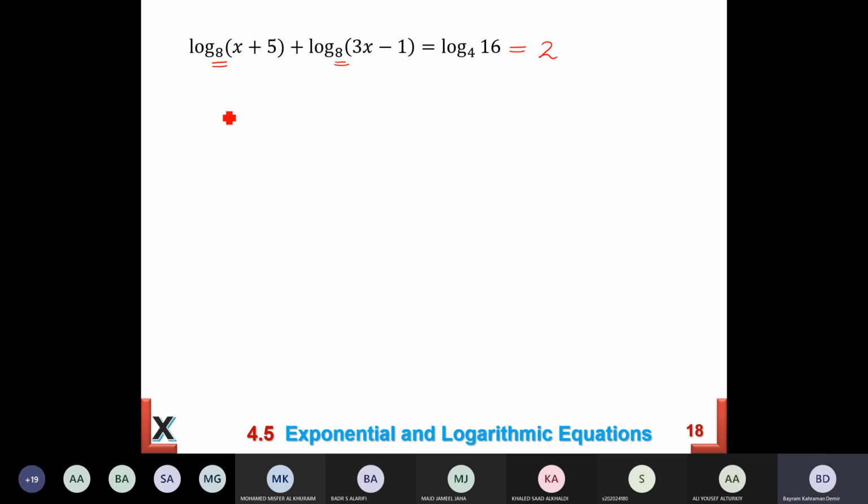And now you just need to multiply, Shabab, the arguments. x plus 5 times 3x minus 1 with base 8 equals 2.